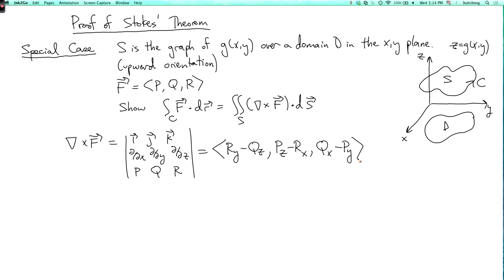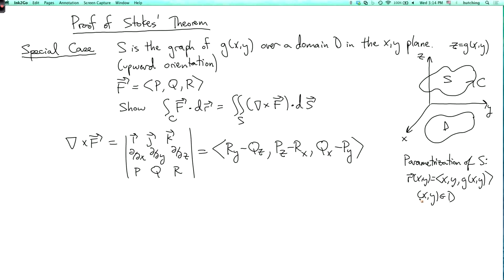Now, the surface has a natural parameterization as a graph, so it's parameterized by the domain D in the xy plane. So the parameterization of S, as we usually do for a graph, is r of x, y equals x, comma y, comma g of x, y, where x and y are in the domain.